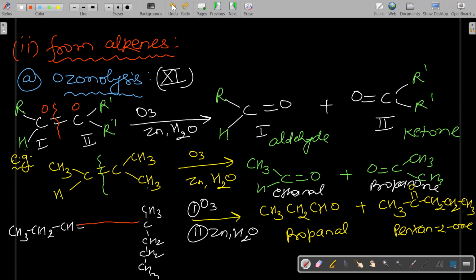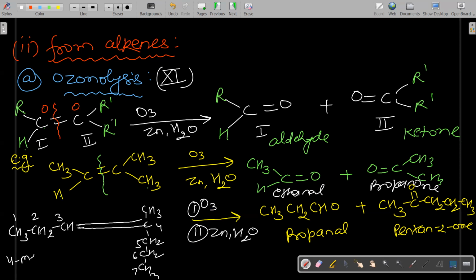Okay, I'm just writing with a white pen only. So you just remove both oxygens and join by the double bond, then select the long chain and count from the lowest side of the alkene. So you can count 1, 2, 3, 4, 5, 6, 7. What is the name of this compound?